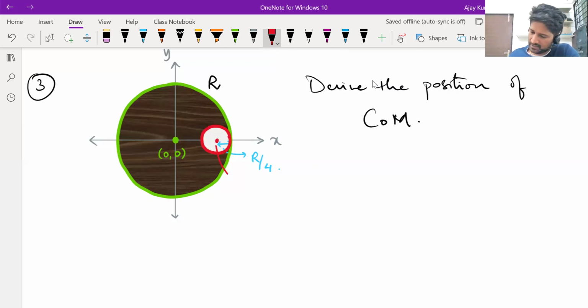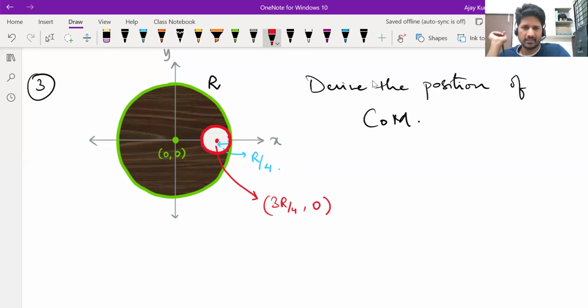What are its coordinates? 0, no, not 0. X coordinate will be, total is r, that side is r by 4, so this side will be 3r by 4, 0. These are the coordinates of center of mass of the removed mass. Okay. The green mass has to be taken positive. The red mass has to be taken negative. Fine. Clearly the green one is more than the red one.